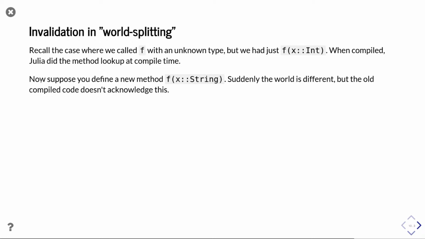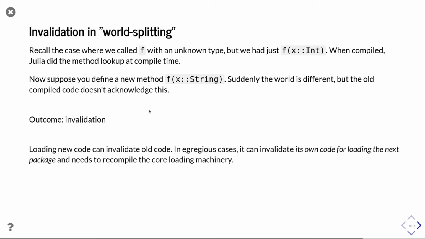And so what this means is if you load in, let's say, another package that extends F by adding a new method to it, and it's of course for a different type, now all of a sudden Julia is living in a different world, and the proper way to split it is different, and so the code doesn't acknowledge it, and the outcome of this is invalidation.